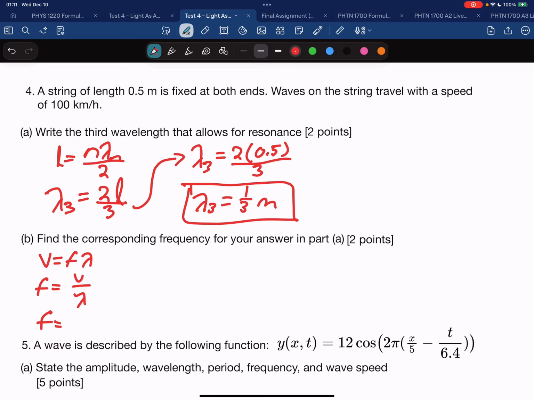And first we need to convert from 100 kilometers an hour to meters per second. So for the velocity, that is 100 kilometers per hour. Divide that by 3.6, and you will get about 27 meters per second.